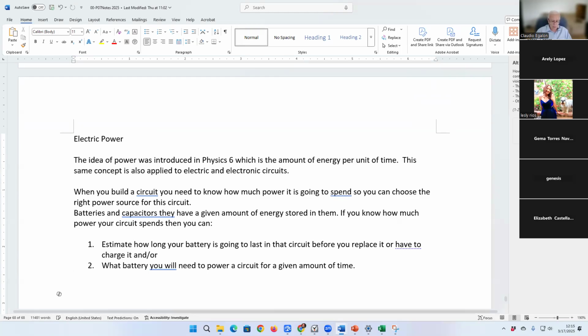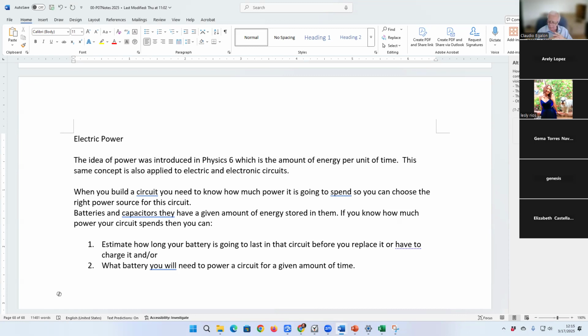And I used to do this type of thing. I do that all the time, okay? If I want to power my circuit just with a battery, instead of connecting to the electricity, I have to know, right? Batteries run out of power eventually.